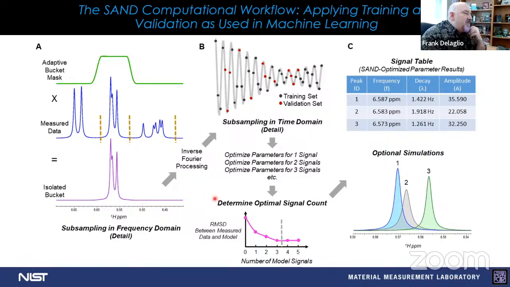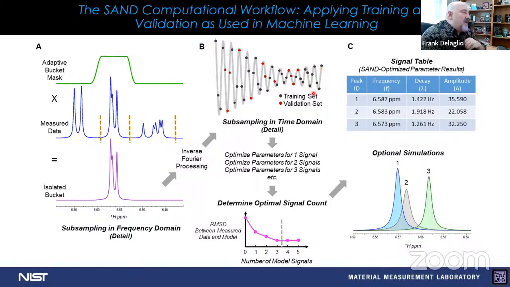SAND uses a procedure that's commonly used in machine learning, which is to take the data and divide it between a training set and a validation set. And this is a method that we use to avoid overfitting of the data. And the idea is that we take the randomly selected points that are part of the training set and use those to model the signal.